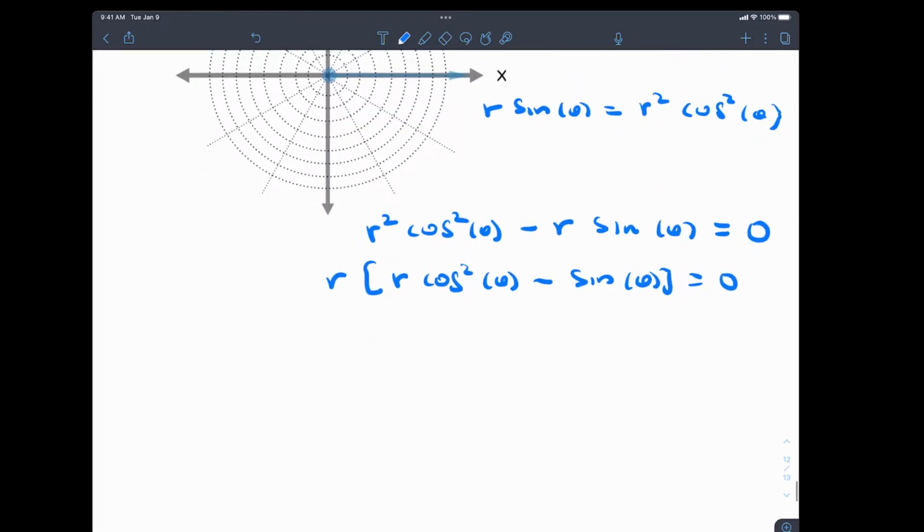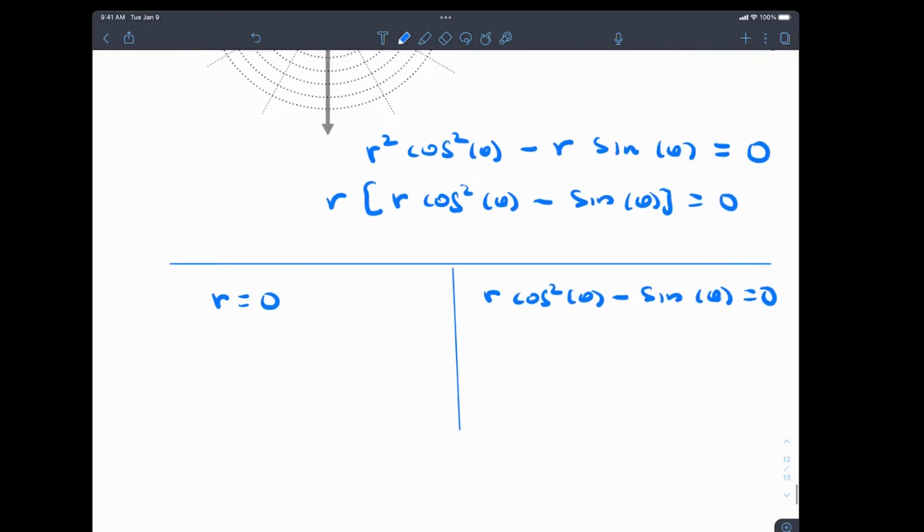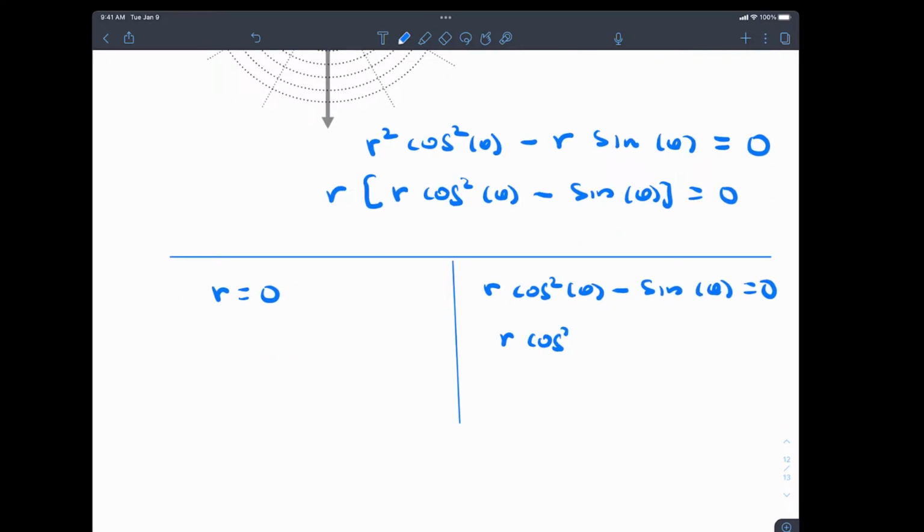And then you use the zero product rule here. This means R is 0. And this is R cosine squared theta minus sine theta equals 0. You can solve for R. R cosine squared theta is sine theta, or R will now be sine theta over cosine squared theta.